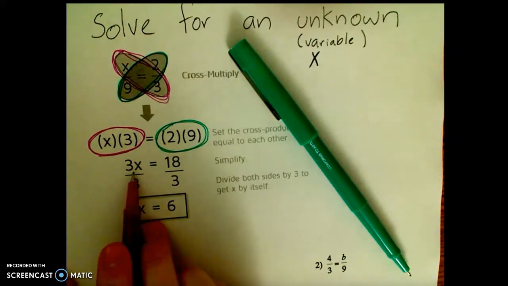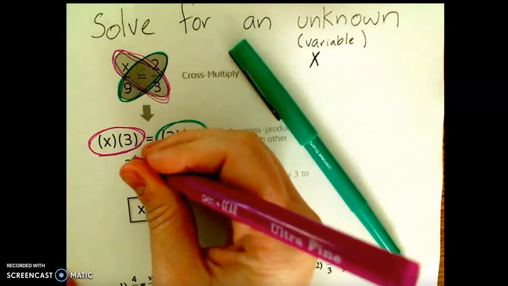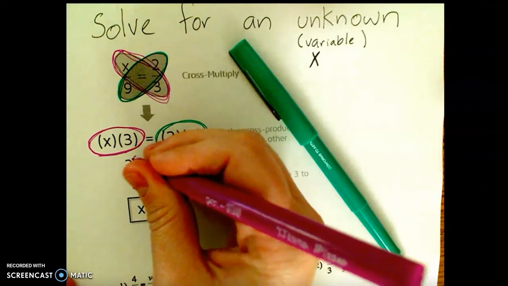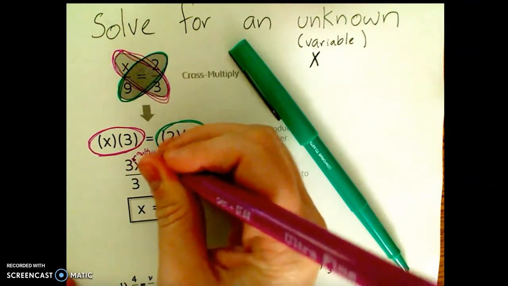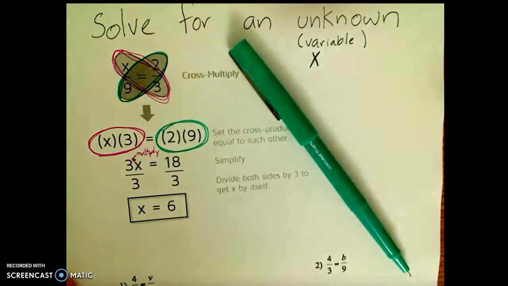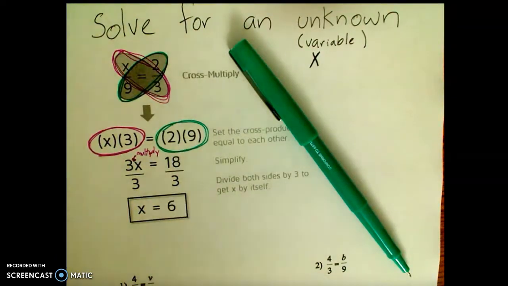And we know that these are mushed next to each other, means that there is a hidden multiplication sign right there. Okay, so get used to that. They kind of mush things together, just like they did with these parentheses, when they want us to multiply.